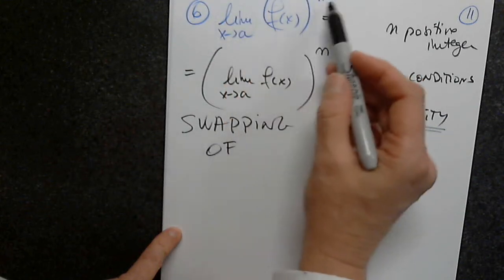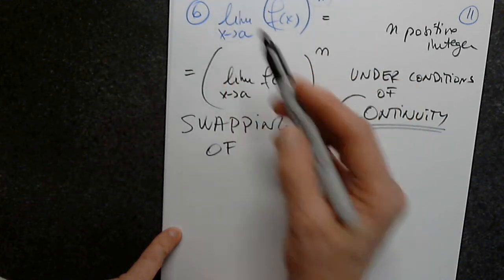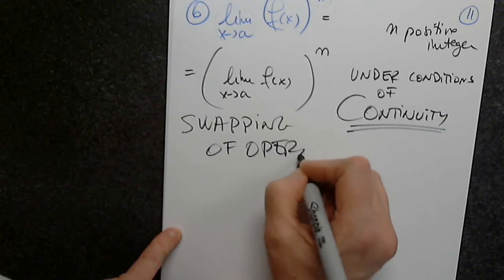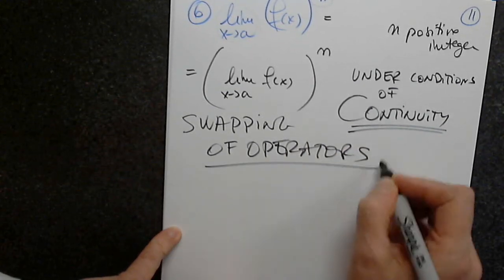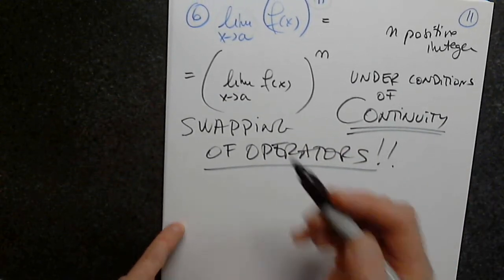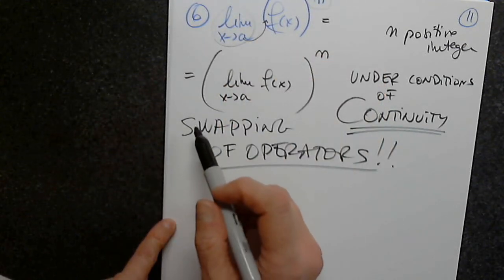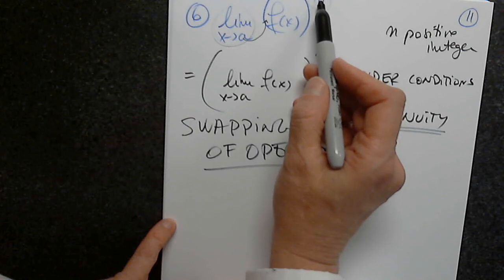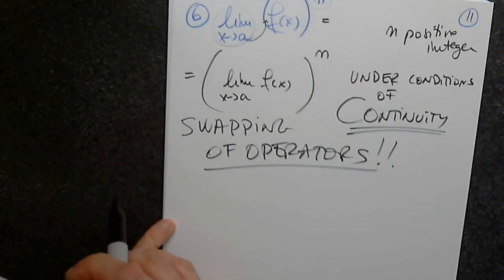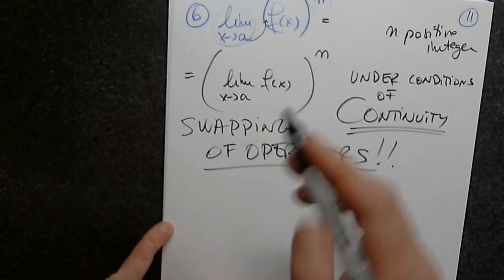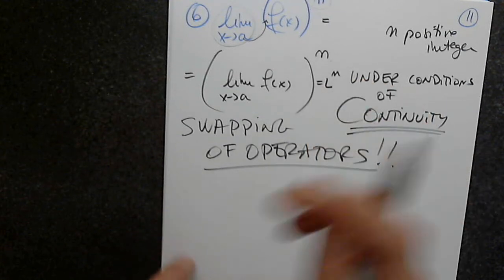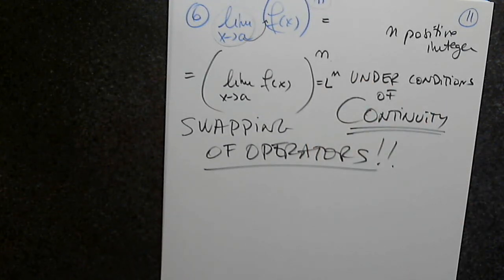What are these? What we call operators. I swapped the operators. I put the limit operator inside, close to the function, and I took the power operator outside. And the answer, of course, is L to the n, because the inside is L, and then the power is n.